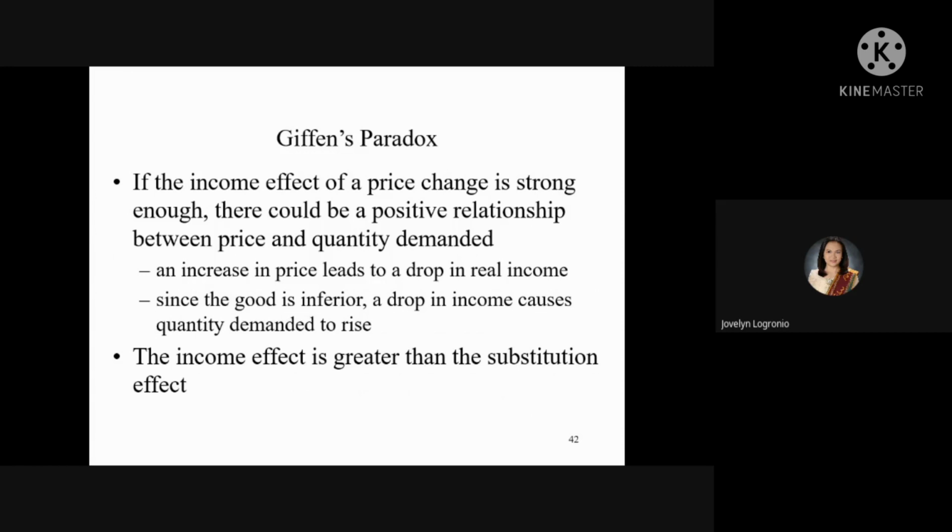So, an increase in price leads to a drop in real income. And since the good is inferior, a drop in income causes quantity demanded to rise. So, the income effect for a Giffen good is greater than the substitution effect. Okay, so yun yung special type of a good.